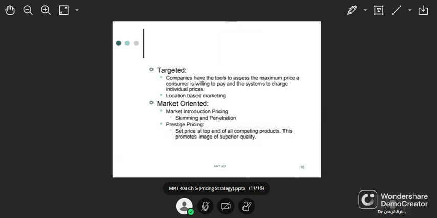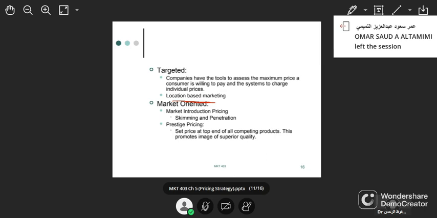Then targeted pricing, also known as location based pricing. When we are buying something online, cookies and all, companies can track from where we are accessing, through IP address. There are ways. And like any city, even if we say Riyadh, there are neighborhoods where the residents are high net income people.